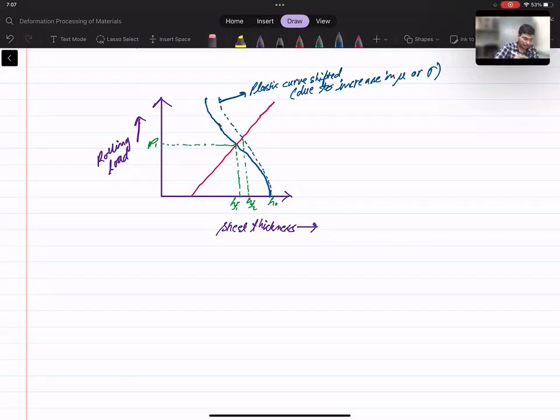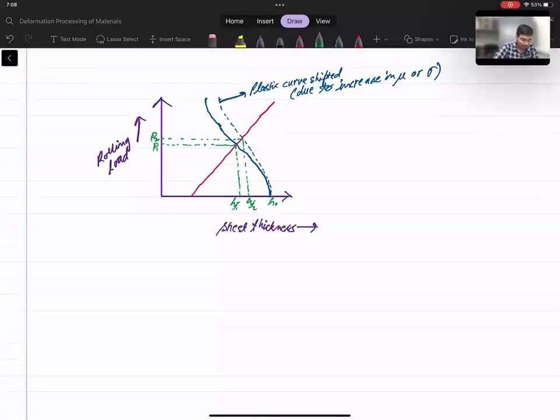So now what will happen is, these curves will now intersect at this particular point, where the pressure is now P2. This was, say, P1. This is now P2. Okay. So what happens now is that we wanted to go to thickness HF1, but due to the increase in coefficient of friction or flow stress, we will be reaching only HF2. So this is not desired.